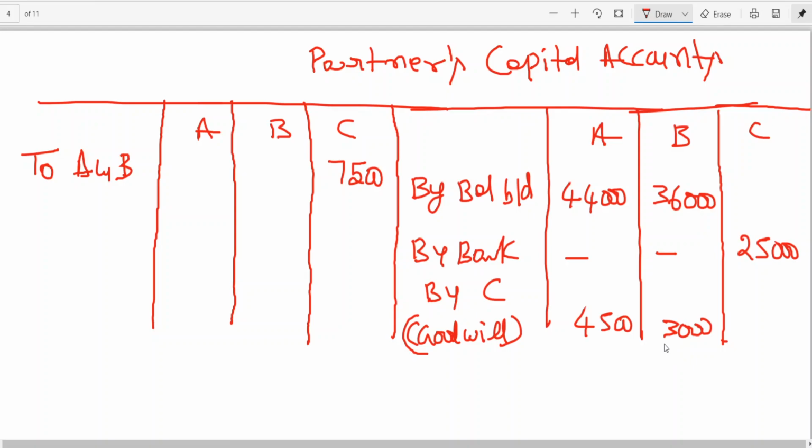Is this clear? Now, we don't have any undistributed profit. Now I think you can close the accounts.